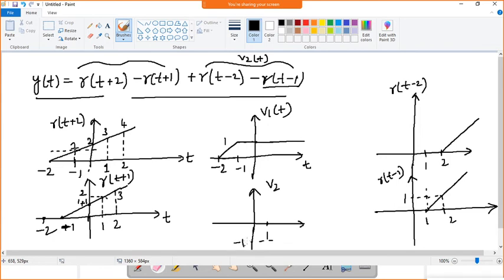So at index 2 it will become minus 1, so that it should be a ramp signal, that is from plus 1 to plus 2.